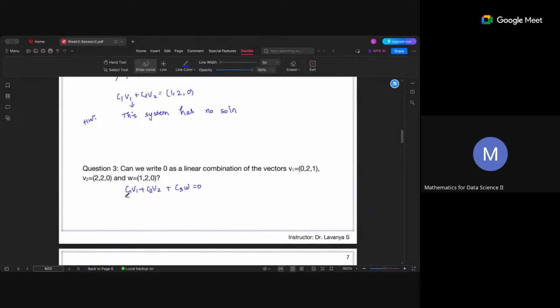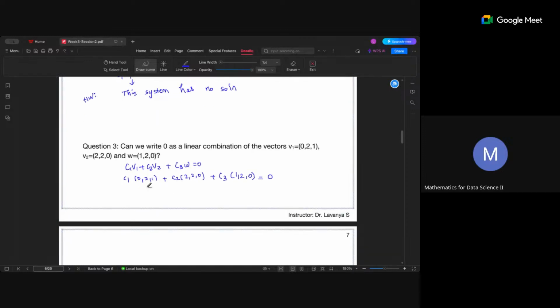Let us first rewrite the equation: C1 times (0, 2, 1) plus C2 times (2, 2, 0) plus C3 times (1, 2, 0) is equal to 0. Now what is the system we obtain from here? This is 0. So you simply get 2C2 plus C3 equal to 0.